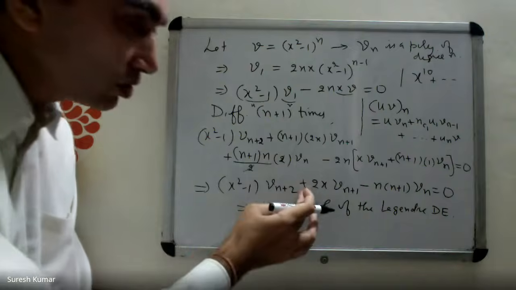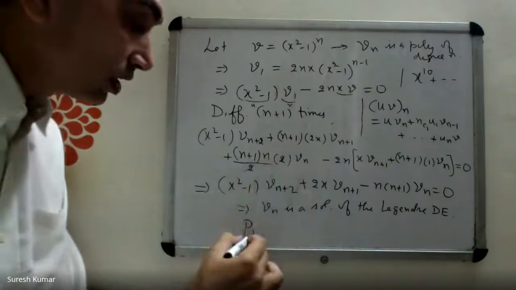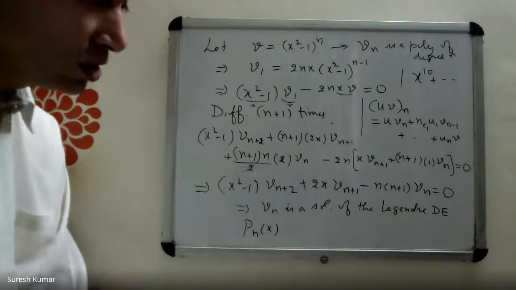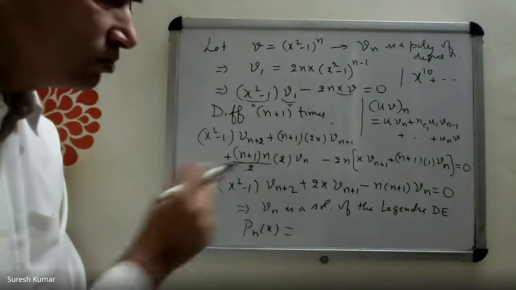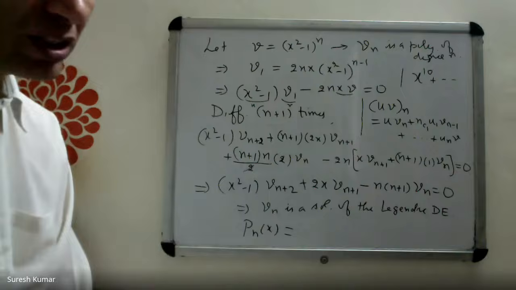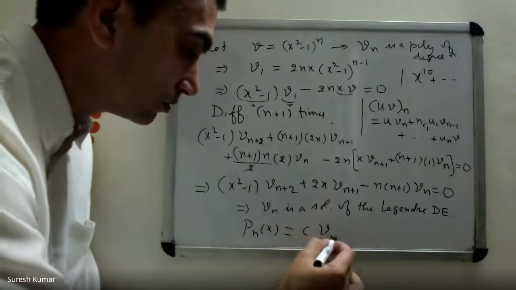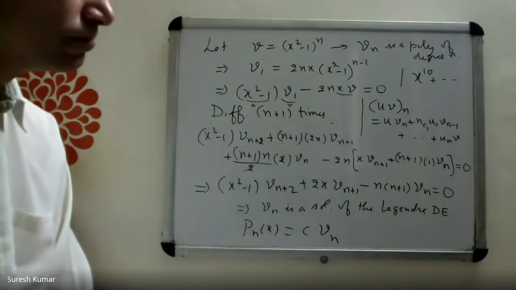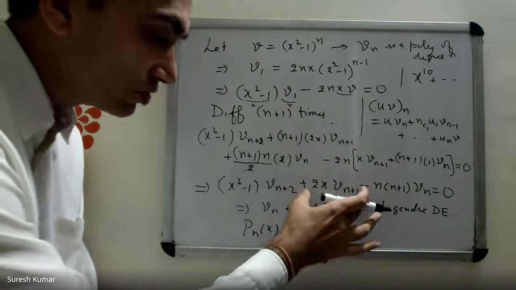So vₙ is a solution of this equation and vₙ is a polynomial of degree n, but we already know that Pₙ(x) is a polynomial of degree n, which is a solution of the Legendre differential equation. So what should be the connection between Pₙ and vₙ? They should be the same. There may be a difference of some constant only. Again, I repeat, vₙ is a solution of the Legendre differential equation.